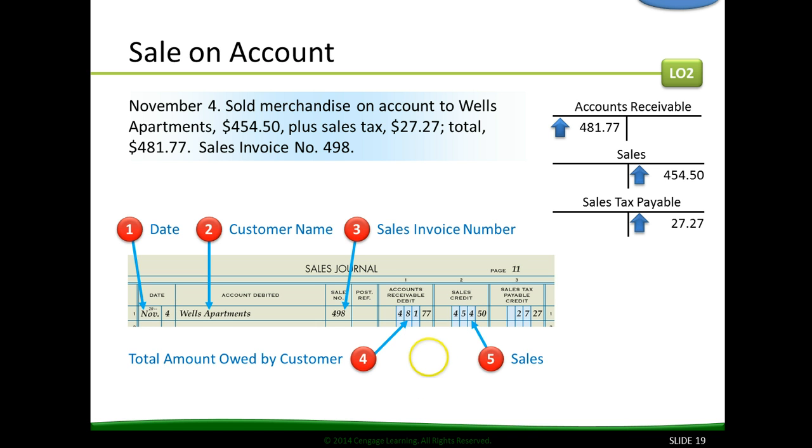Then you have to include, well, what part of that was my sales? Because we have to know that, remember, for the income statement. And then we also have to keep track of the sales tax so that we can send it to the government, because they don't really like it if you don't send them their money. So this is what a sale on account would look like in the sales journal.